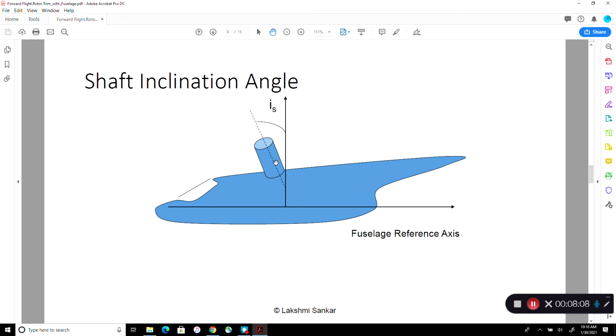Notice that many helicopters will already have it tilted forward so that the tip path plane is roughly perpendicular to the shaft. Okay. That means 1 per rev is cancelled. Beta 1c, beta 1s go to 0. So the tip path plane is the same as the shaft plane. Okay, that's the ideal situation. So they will have a built-in IS, or the incident angle, that is built in like this.